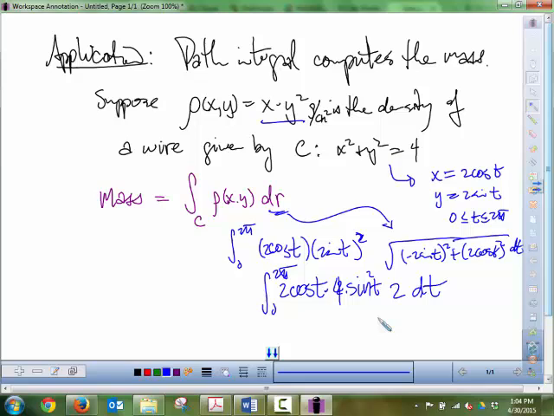So we good with this? All right. So remember that a path integral is an integral over a curve of a scalar function with respect to the arc length of the curve.